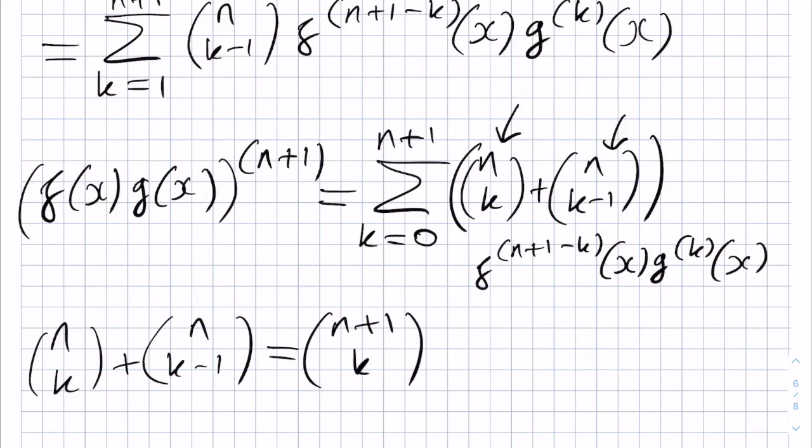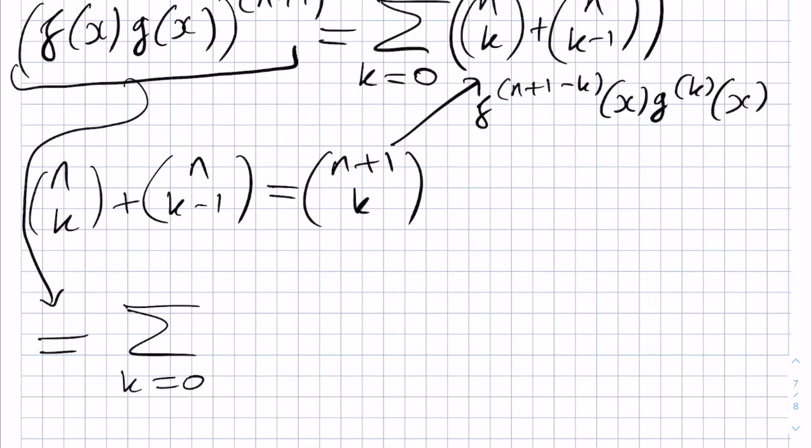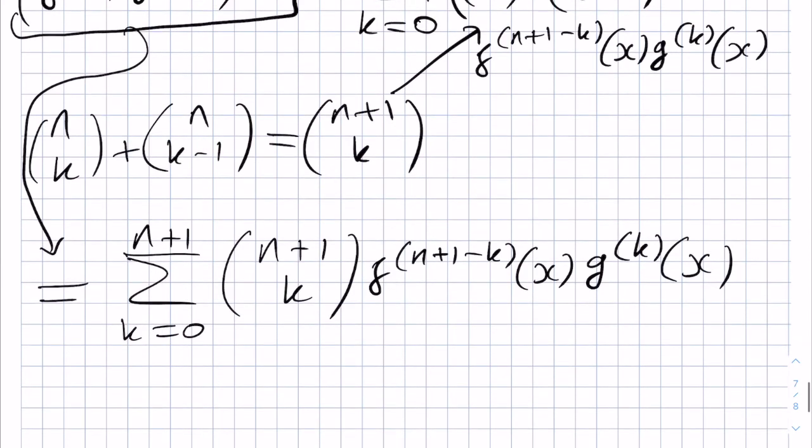And so, finally, if we put this into here, then we have that this n plus 1 derivatives here is equal to the sum from k equals 0 up to n plus 1 of n plus 1 choose k, and then f with n plus 1 minus k, and g with k derivatives. And indeed, this is what we wanted to show. And so we are done by induction, and this gives us the Leibniz Rule.